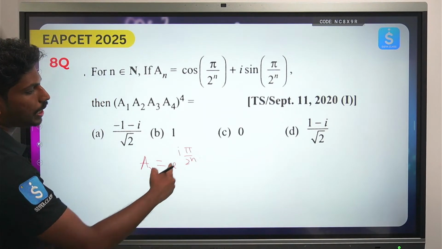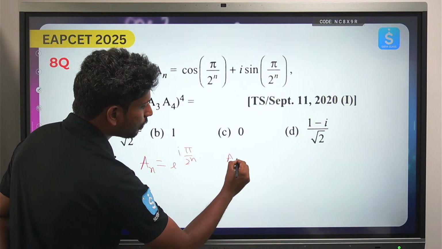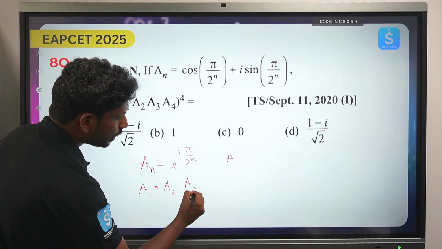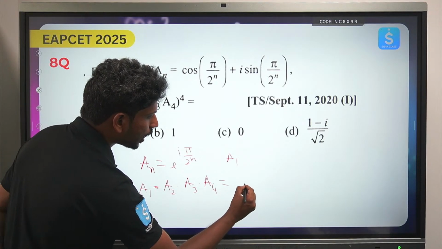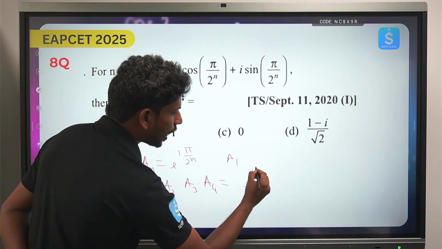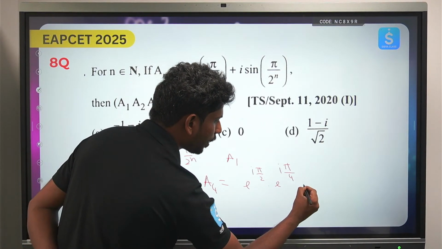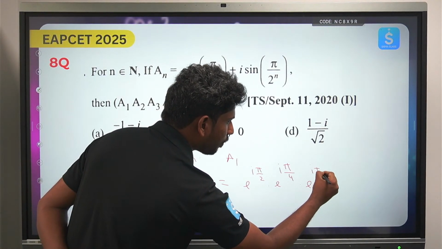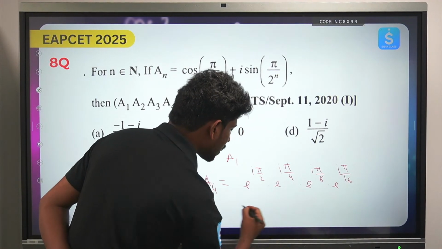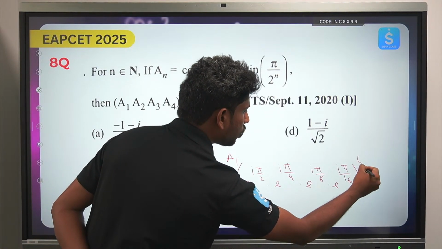So the product is a1 into a2 into a3 into a4. Quickly look, here we can write e power i pi by 2 power n as e power i pi by 2 into e power i pi by 4 into e power i pi by 8 into e power i pi by 16. Now the whole power is 4.